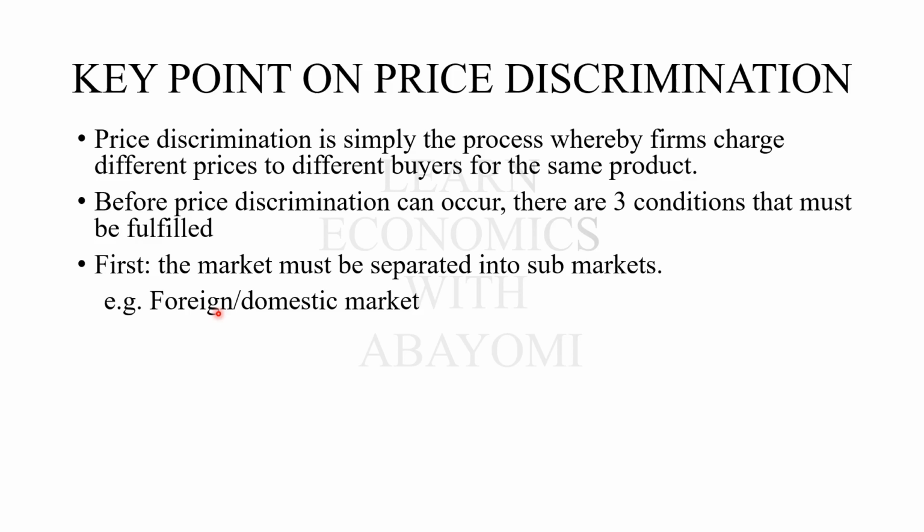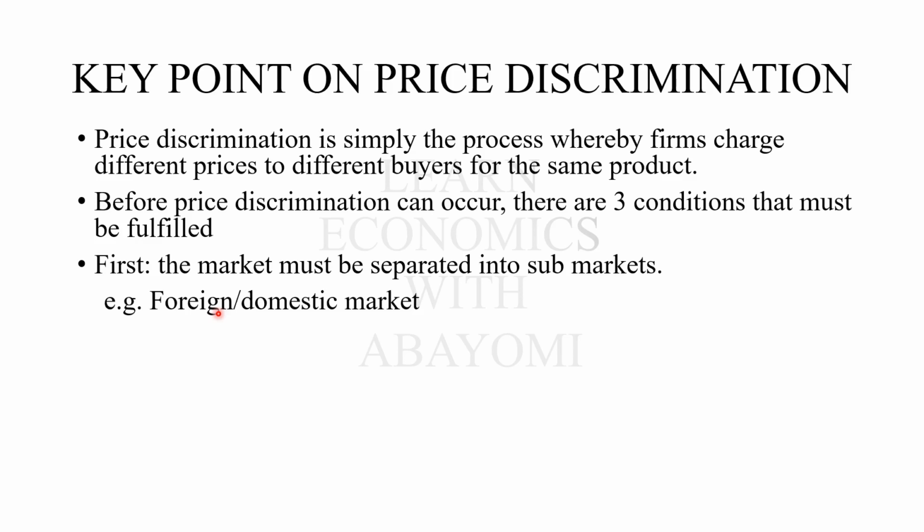Nigeria is a domestic market and England is a foreign market. You want to sell a particular product to England for a particular price and it's sold to people in Nigeria at a different price entirely. That is price discrimination.